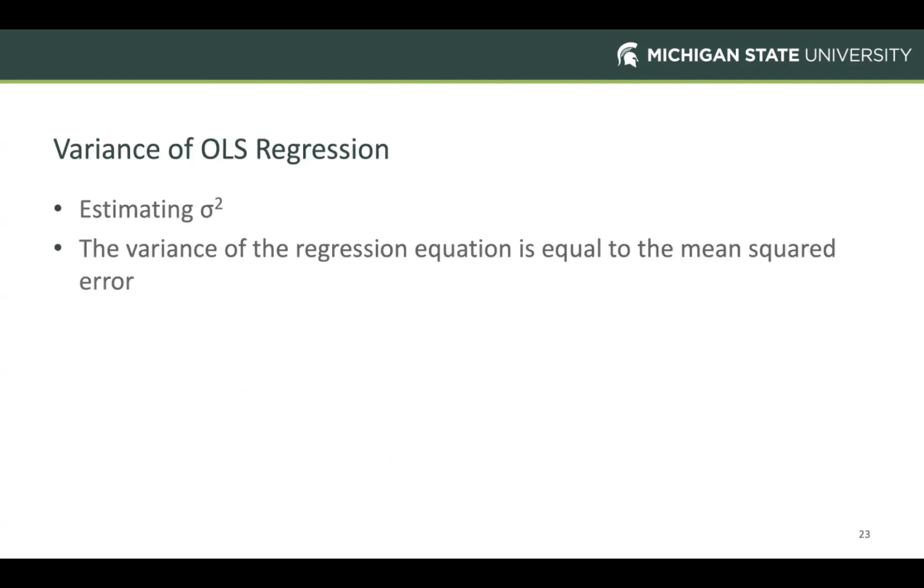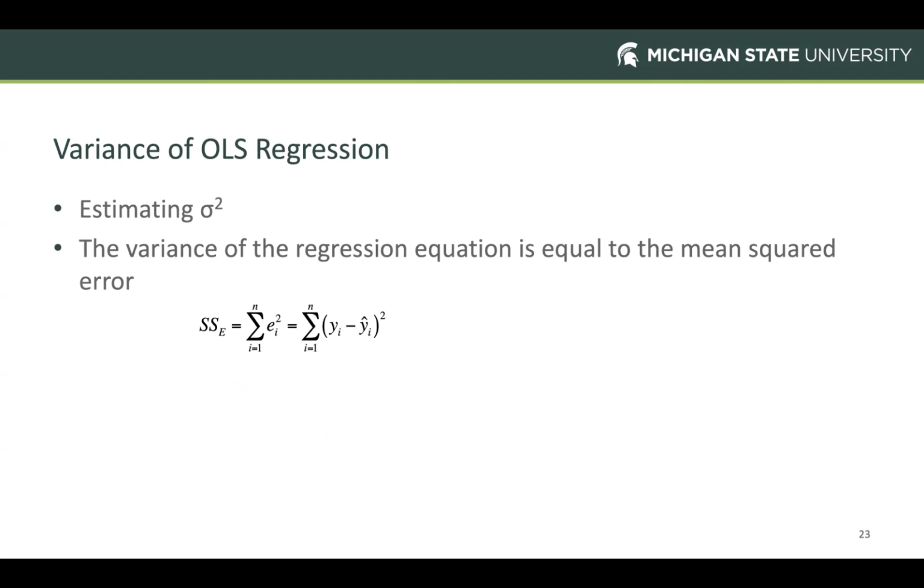Okay. All right. A few other nuances. One thing we're often interested in is determining the variability of our actual regression estimate. So if we looked at our yi hats, our predictions, it would be interesting to know how variable that is. And interestingly, the variance of the regression equation is simply equal to whatever the mean squared error is.